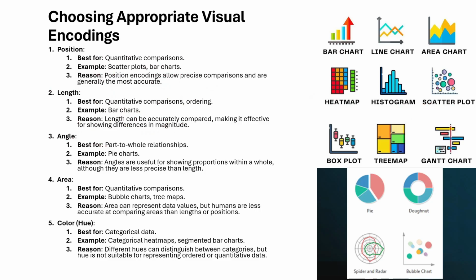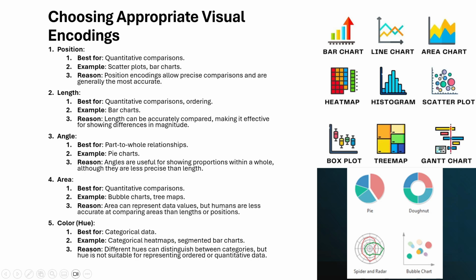So, selecting or choosing the appropriate visual encoding method. Position is best for quantitative comparison of data values, for example, scatter plot and bar chart. In a scatter plot, if I position the data point here, it is one magnitude.